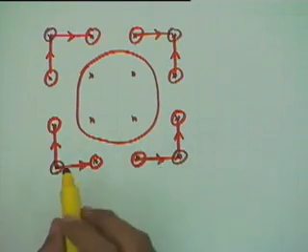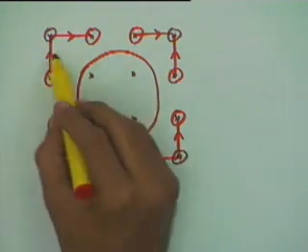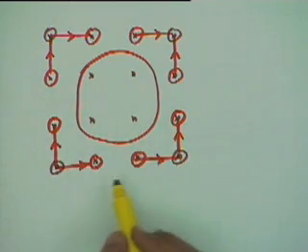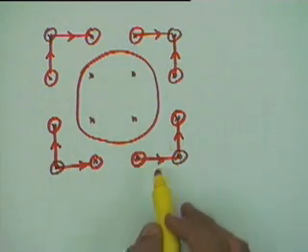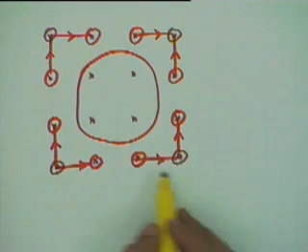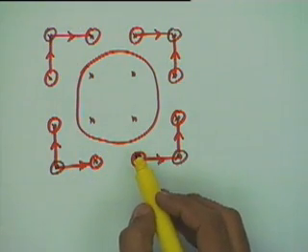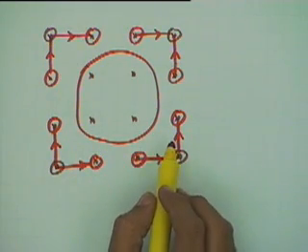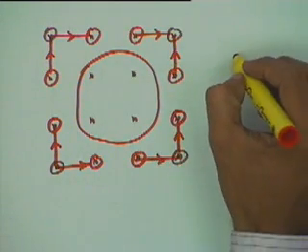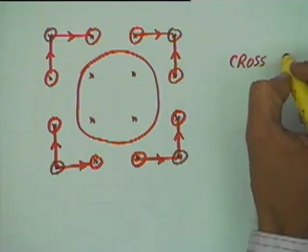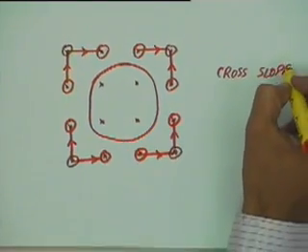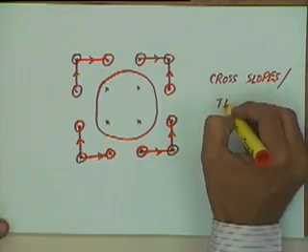So if I specify these 12, I can specify the 4 bounding Bezier curves. But these 4 will help us control the twist at the corner points, the twist vectors or the cross slopes.